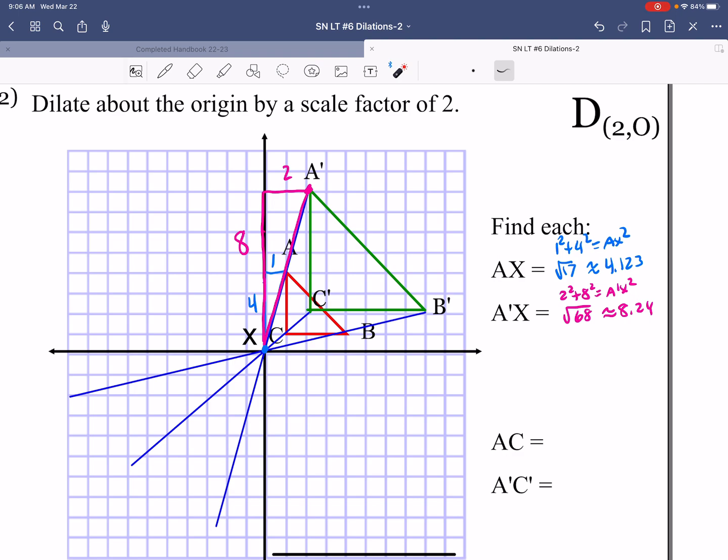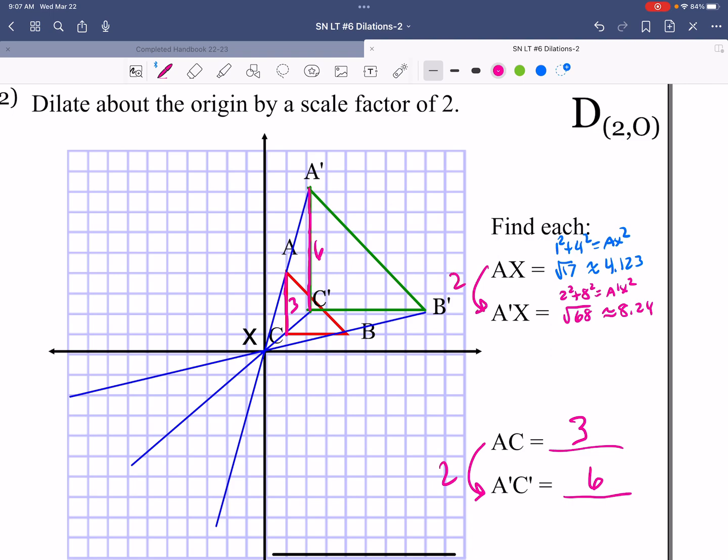Now, let's look at just a side length of the figure. If we were to just look at our side lengths, we're basically going to prove that it's proportional. AC is a length of 1, 2, 3. A prime C prime is 1, 2, 3, 4, 5, 6. And you can see that it's twice as much.